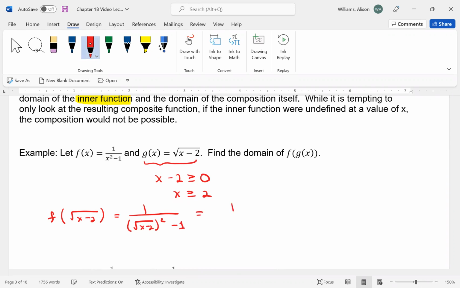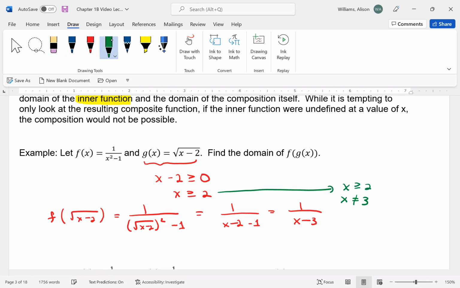So that just becomes x minus 2. And I'm going to drop the parentheses, minus 1. Okay, so here we go, x minus 3. Based on just this result, x can't equal 3. But I have to also include that x needs to be bigger than or equal to 2.